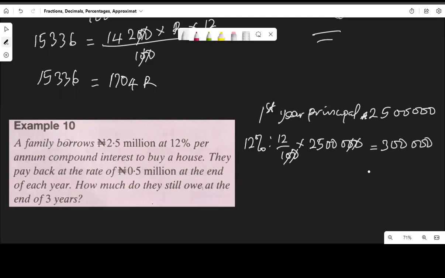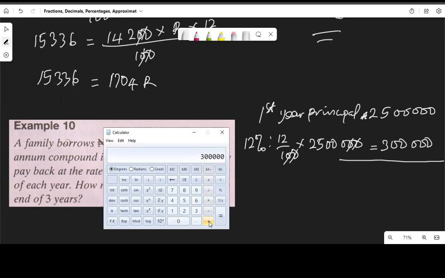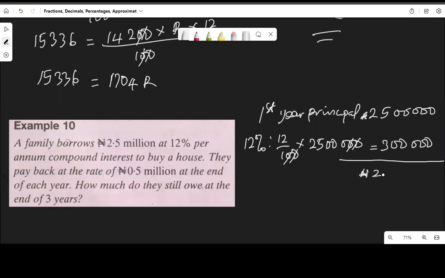That is the interest for the first year. We add it to the principal so that we get the principal for the second year: 2,500,000 plus 300,000 is 2,800,000. So that will be the principal for the second year, the total amount of money owed.